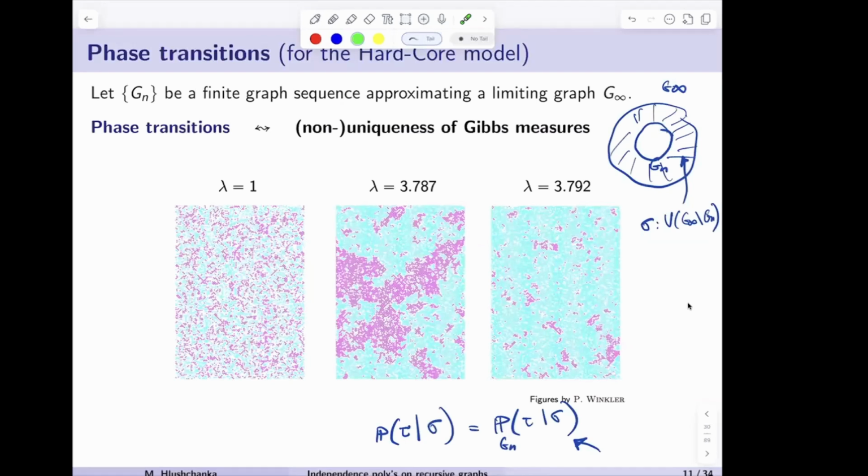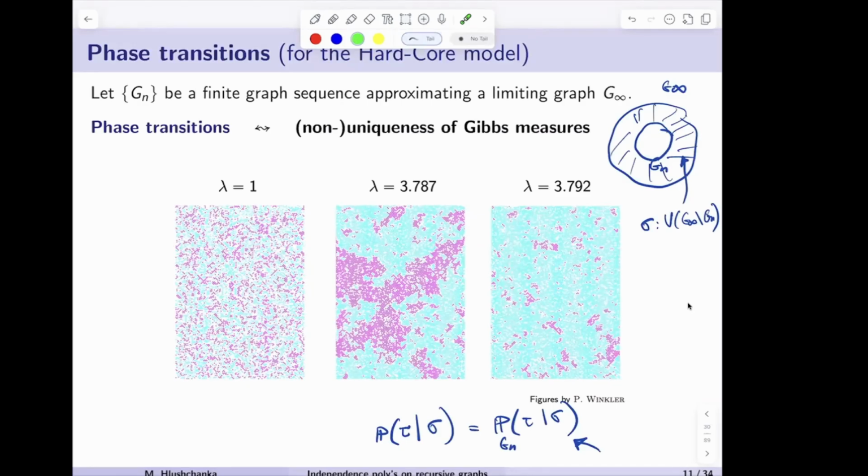You either pick all the blue vertices or all the red vertices. And this corresponds to two different Gibbs measures. One of them would be preferring blue vertices, and the other one would be preferring red vertices. So basically, a phase transition in these terms is the bifurcation of this Gibbs measure.